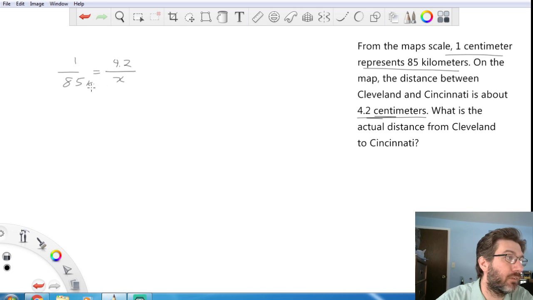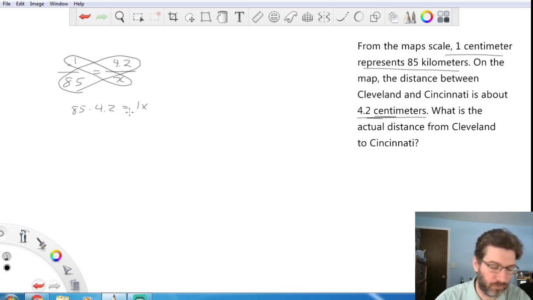So on this one, it's solved the same way. Just get rid of the units there just to clean things up. You're going to do cross products. You're going to do 85 times 4.2, and you're going to do 1 times x. So 85 times 4.2 is going to be equal to 1x.